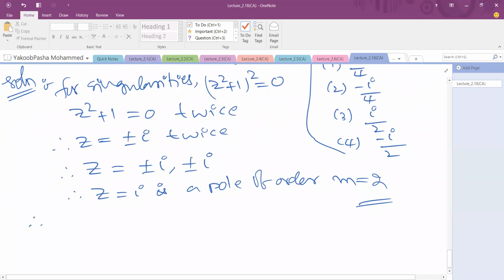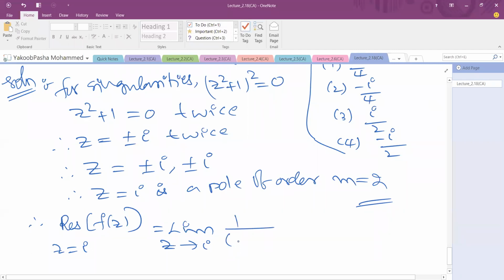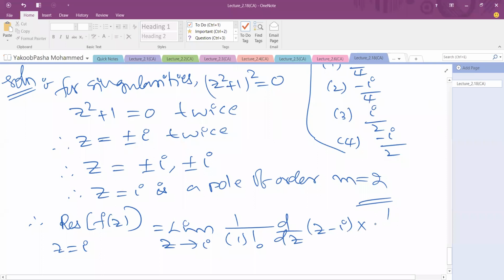Therefore residue of the function f of z at z is equal to i, that is limit z tends to i, 1 by 2 minus 1 factorial, that is 1 factorial, d by dz of z minus i into f of z. f of z is 1 by z square plus 1 whole square.